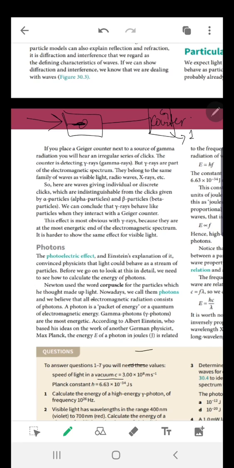Since when he passed the gamma rays, he was able to count using the Geiger counter, they say that this is happening and it's a particle. But the effect is more obvious with gamma rays because they are more energetic as compared to the visible light spectrum.